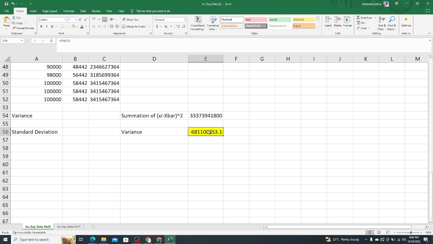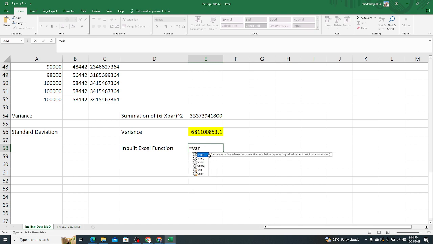This is the mathematically computed variance. What about using the inbuilt Excel function? We are going to use VAR.S, the sample variance. Why?